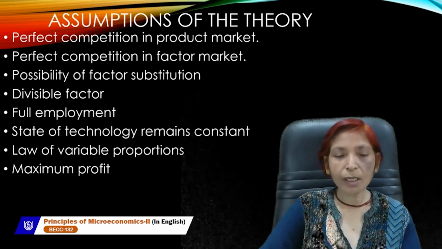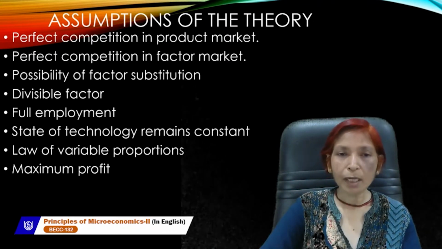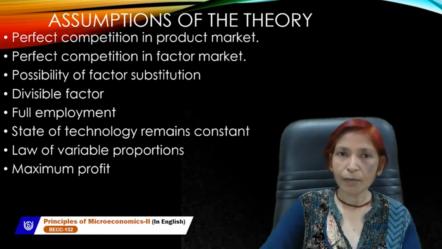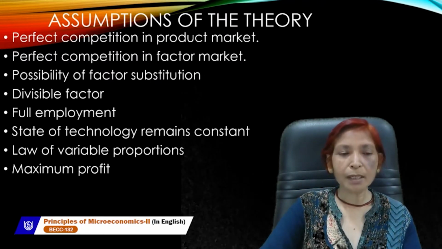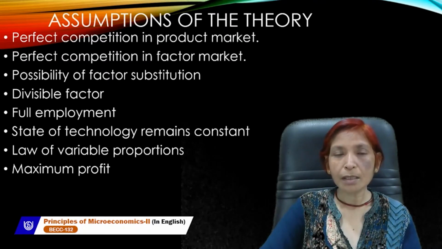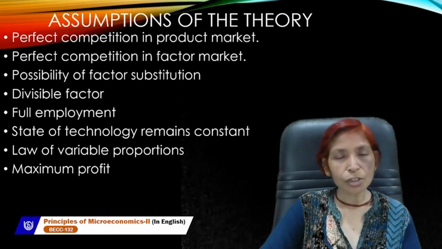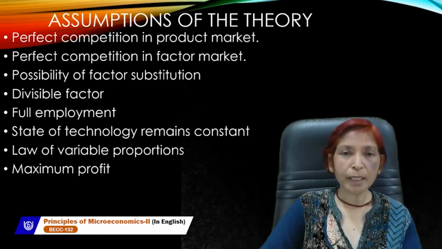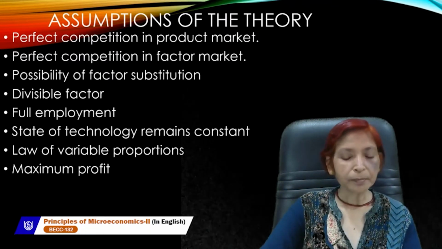We can change only the units of labor if we want to increase the production level. So this theory assumes that the law of variable proportion exists in the economy. It means the economy is in the position of short run, or we assume that a short period exists.